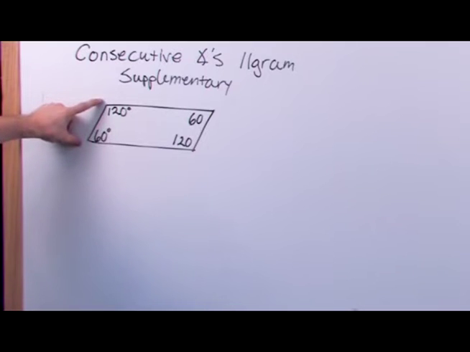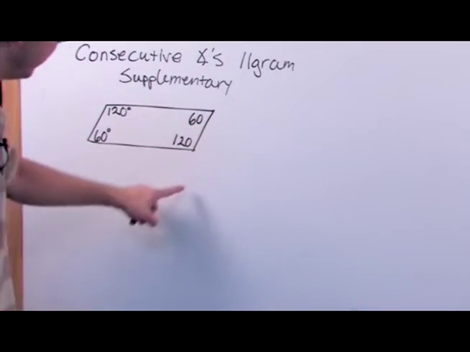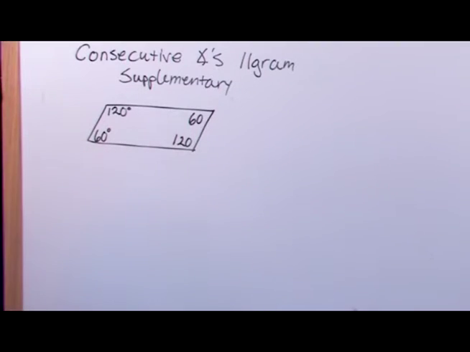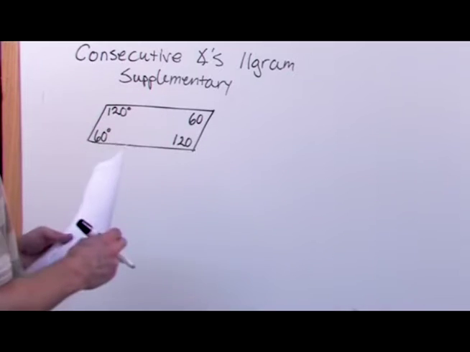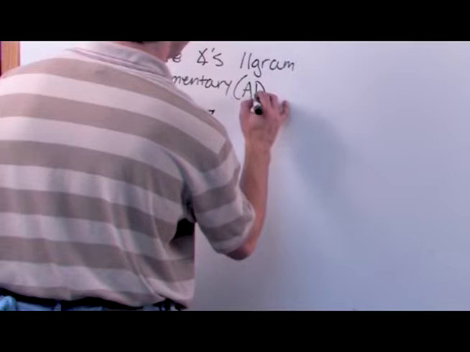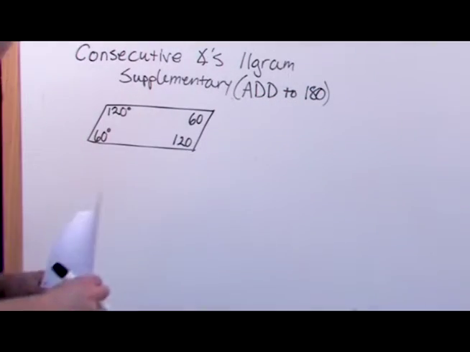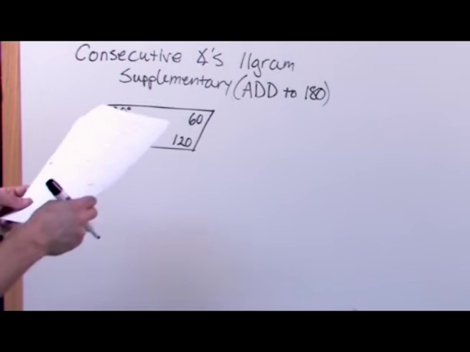They have to add to 180. These have to add to 180 because they're consecutive, and these have to add to 180 because they're consecutive. Okay, that's what the supplementary means, that they have to add to 180 degrees. So that's just something you're going to have to remember.